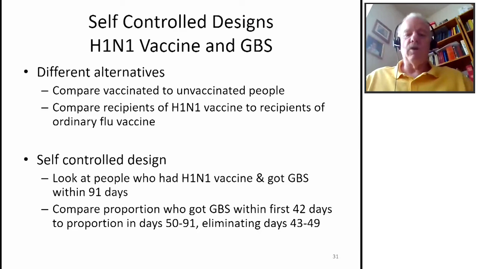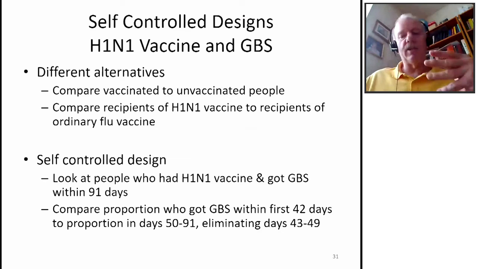So when we look at the people who got Guillain-Barré syndrome within the first 42 days, and then compare that proportion to the proportion who got Guillain-Barré syndrome between days 50 and 91 after the vaccination, and we eliminated the period between 43 and 49 days, we should not see any difference, right?